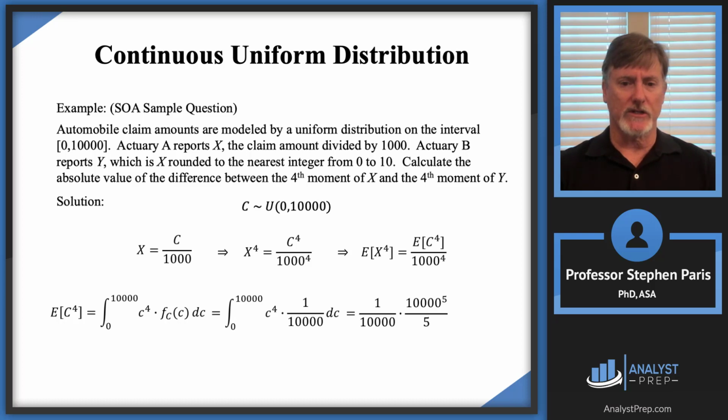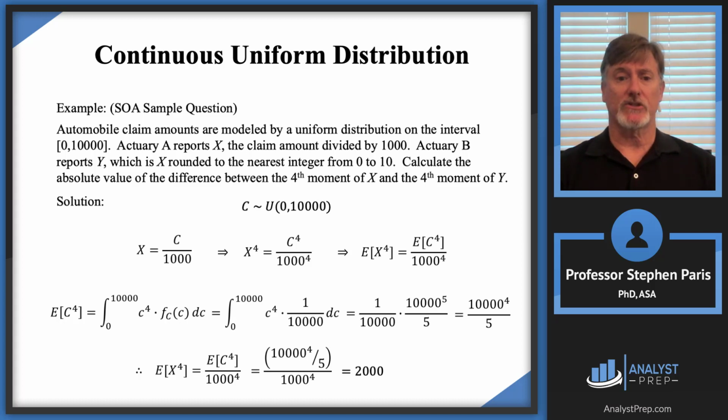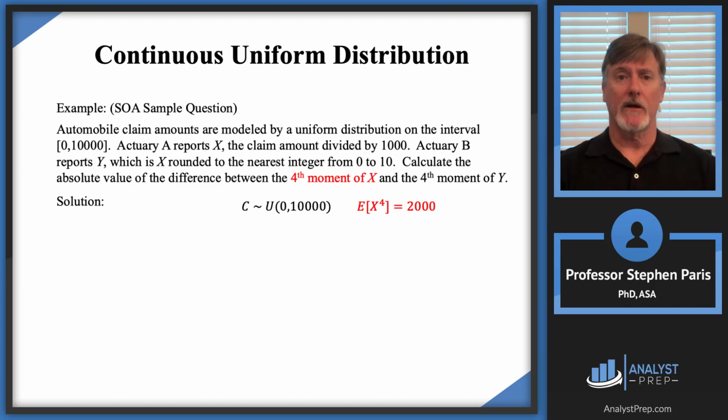So when you go through the calculation, we'll get a 10,000 to the fourth divided by 5. Now that's what the numerator is. So I got to go back then to get my fourth moment of cap X, I divide that by 1,000 to the fourth, and when I do the arithmetic there, I get just 2,000. So 2,000 is going to be my answer then for the fourth moment of cap X.